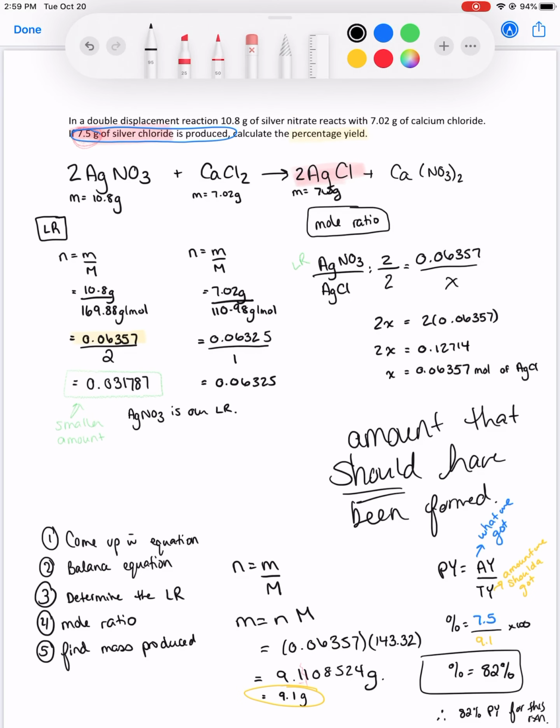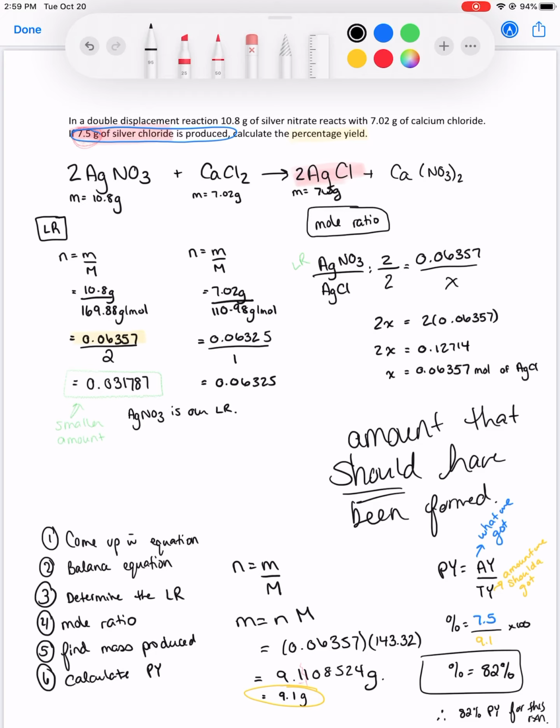So when going through this question, find the mass produced. Sorry, I went sidetracked. Calculate percent yield. So again, when you're reading through these questions, figure out what the question is asking. Is it telling you what the test is out of, or is it telling you what you got on the test?